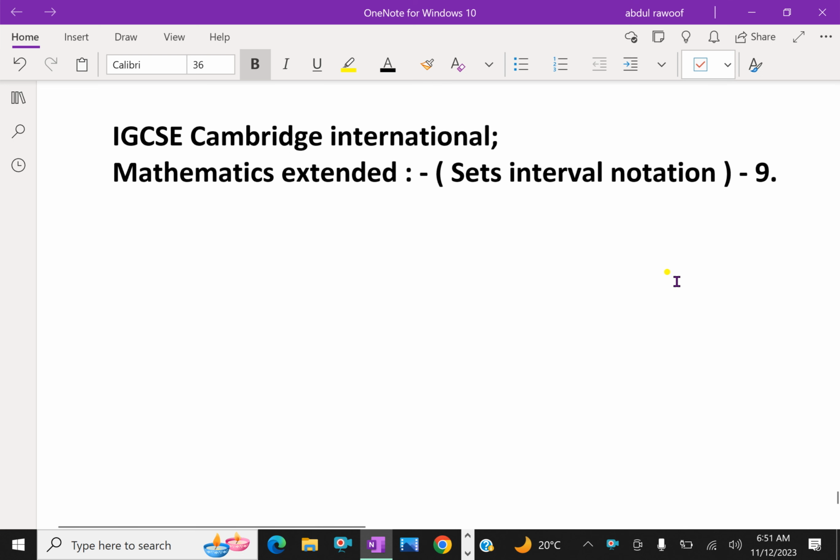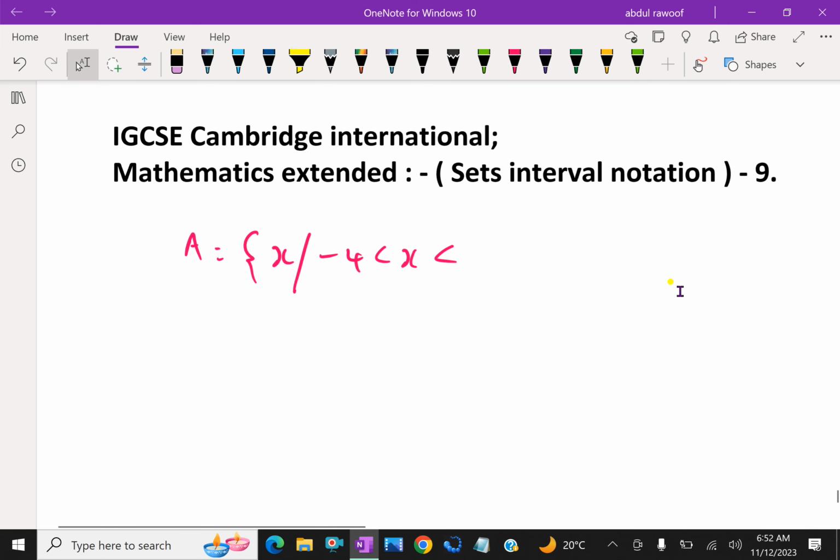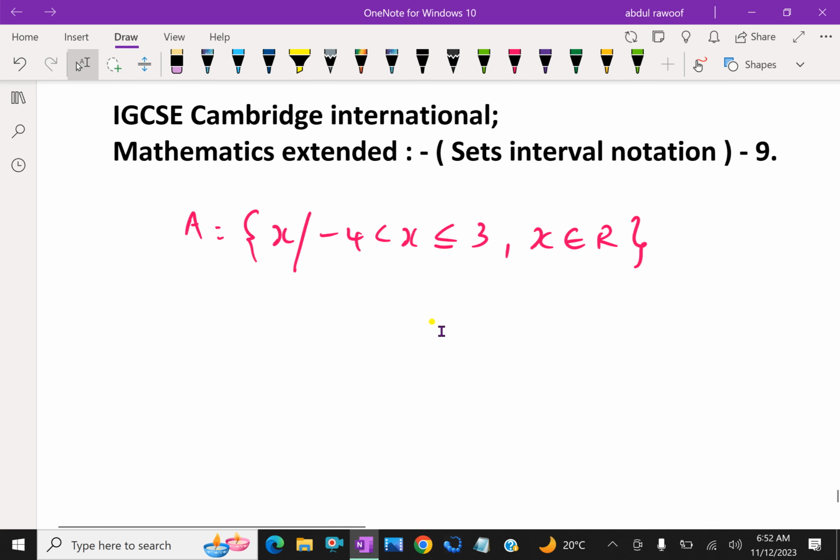For example, look at here, set A, we can represent: x is such that minus 4 is less than x and less than or equal to 3, and x is an element of R. This is a quick mathematical representation of a set with interval notation.